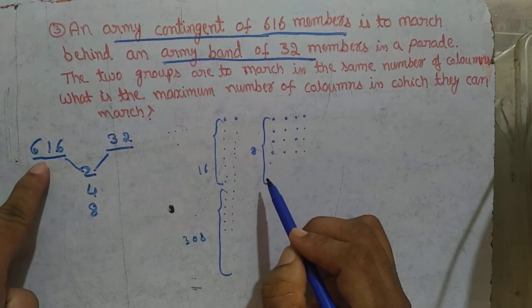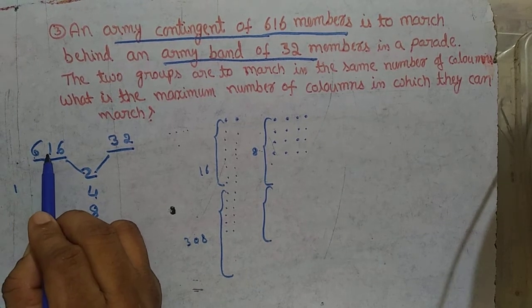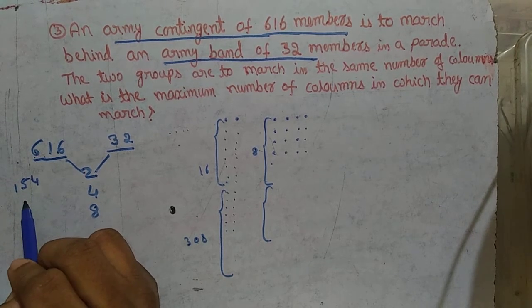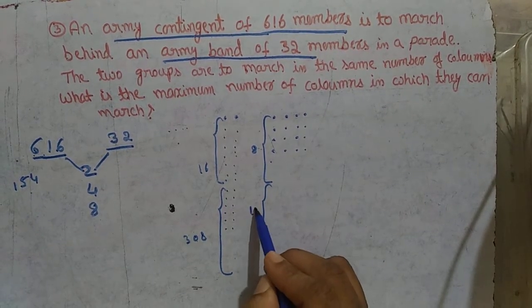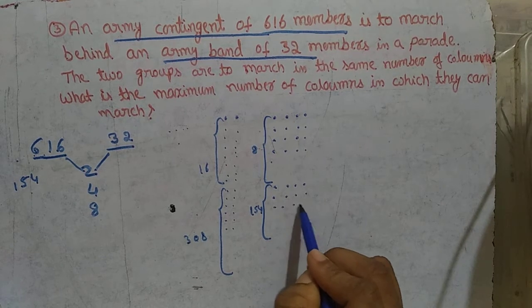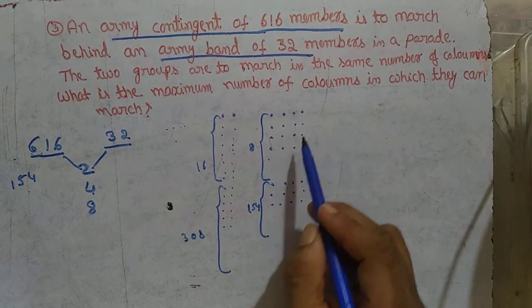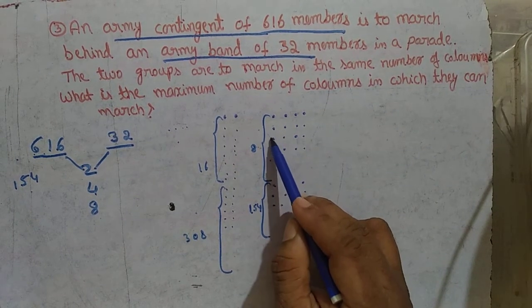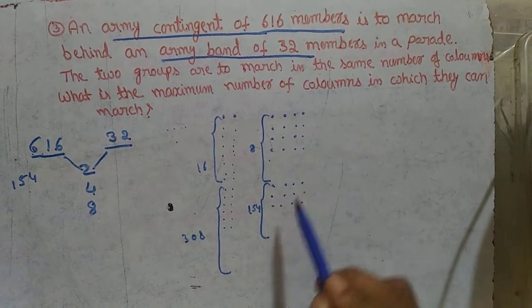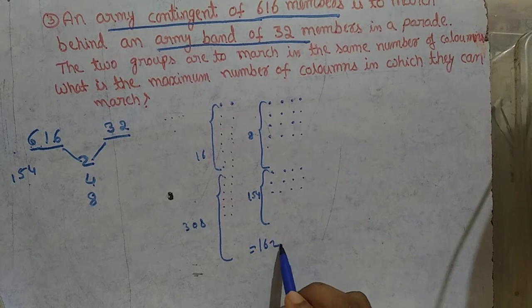When you divide 616 by 4, how many does it become? 4 ones are 4, 2 left, 4 fives are 20, again 1 left, 4 fours are 16, so 154. The army contingent will go like this, 154 rows, with 4 people in one row. For the band, 32 means 8 rows. Totally it becomes 162 rows.